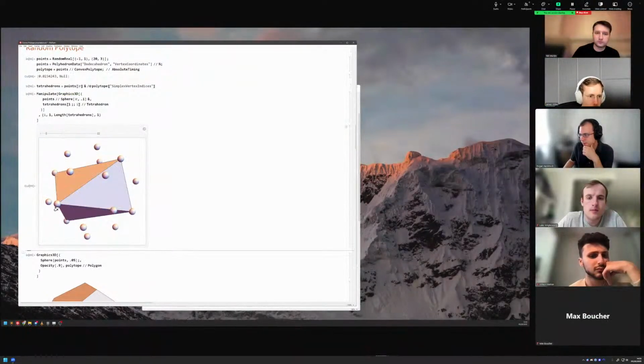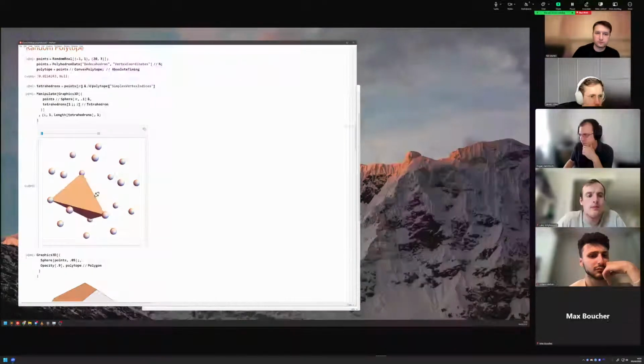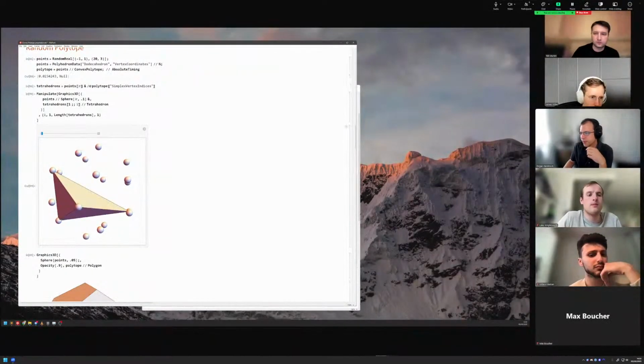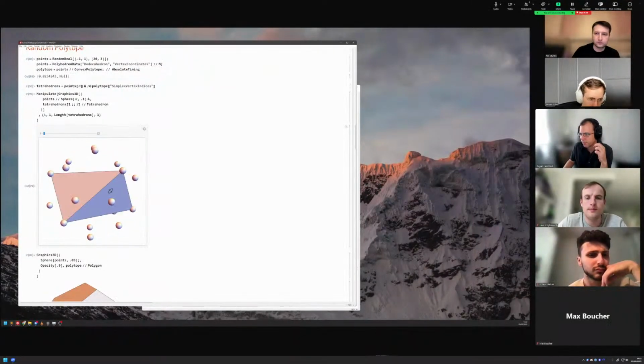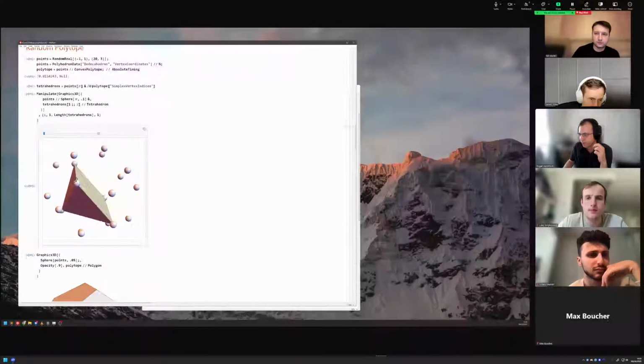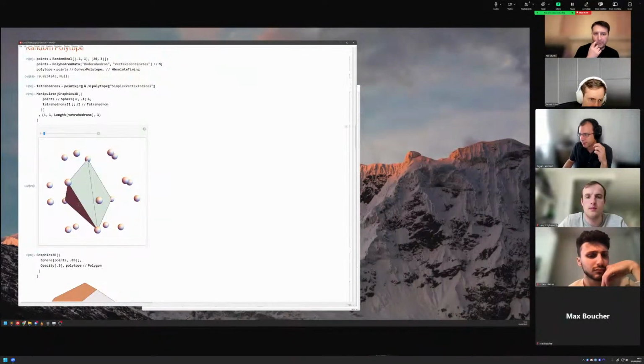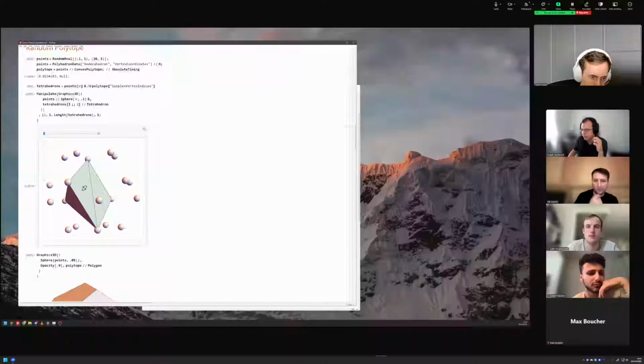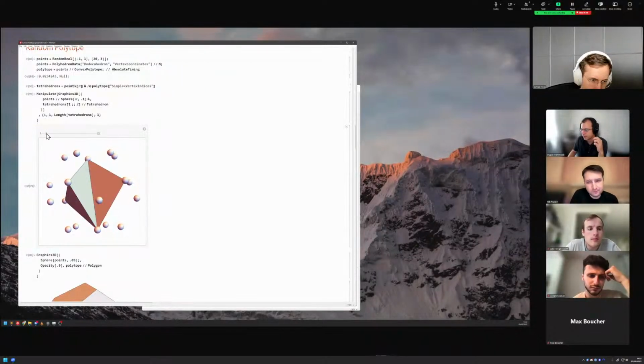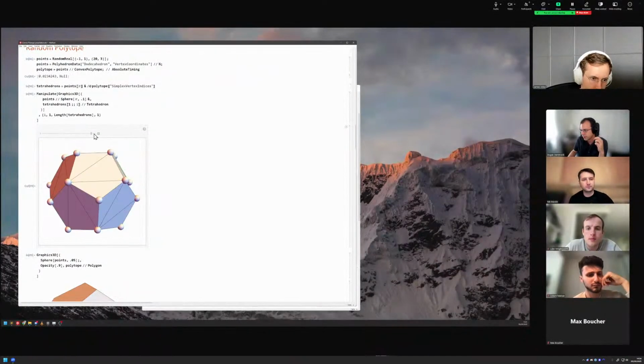Yeah, it's however the points are given, you pick the first four that make a non-collinear volumetric thing, and then you go through the vertices one by one, and each adds a new tetrahedron to the interior volume, and so you fill out the volume.